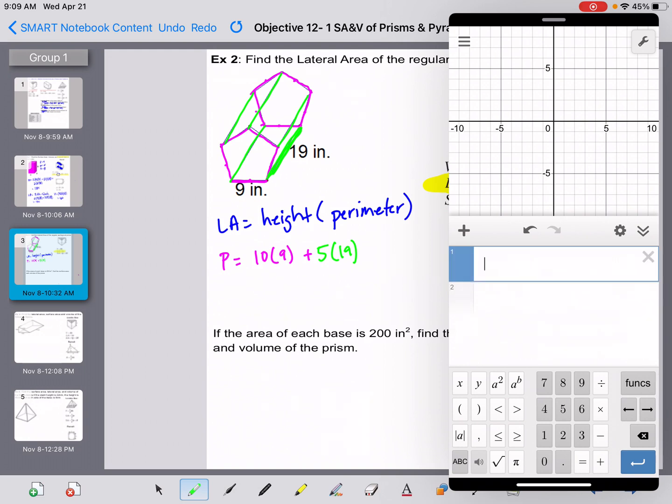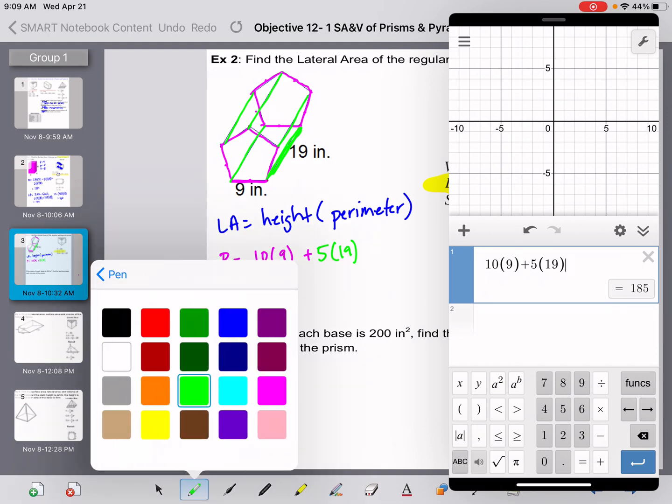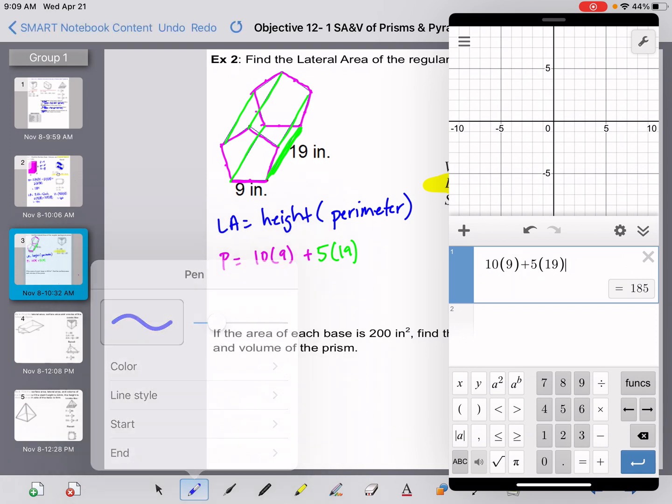So 10 times my 9, that's all of the short pieces, plus 5 of the longer pieces. Well, that's 185. So the perimeter is going to equal 185. Now I need the height.